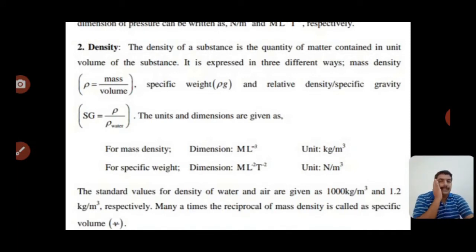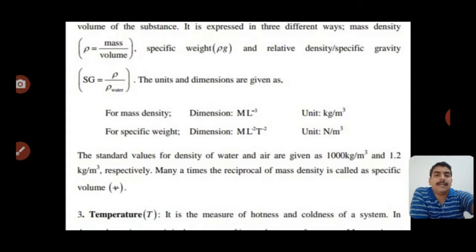The standard value of density of water is 1000 kg per meter cube: one cubic meter of volume has 1000 kg of water. The density of air is 1.2 kg per meter cube. The specific volume is denoted by nu, as shown in the figure.